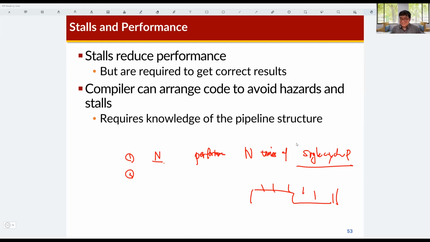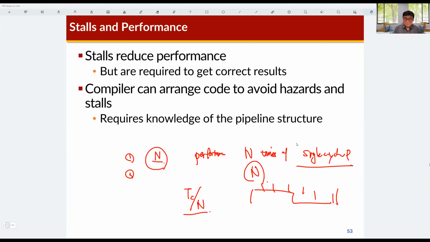That means we can reduce the clock period of the pipeline processor to the clock period of the single cycle processor divided by n. This is the ideal case. For the ideal case, with an n-stage pipeline processor, the expected performance is n times that of a single cycle processor.